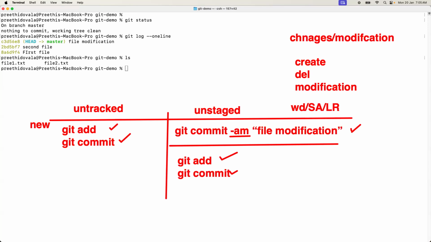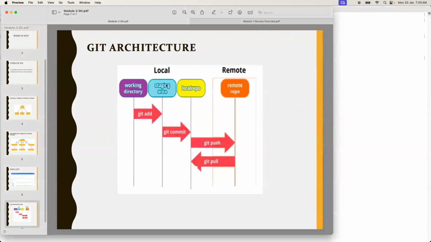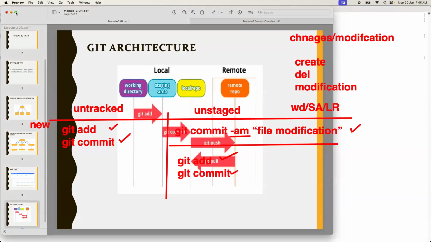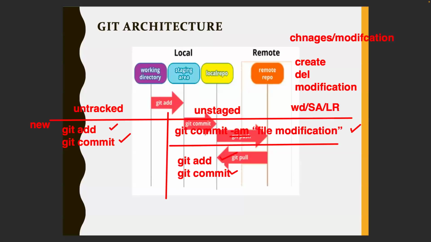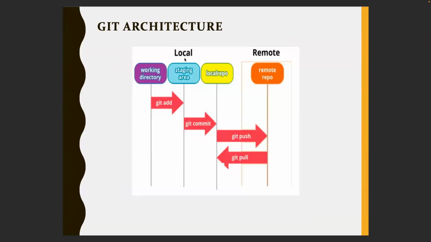That's the focus we have as of now, and then we'll step into the advanced concepts. These are the very basics, but everyone should have great clarity on these before we step into other things like conflicts, branches, merges, stash, rebase, a lot of things coming up. And this architectural diagram, like I said, whenever you are running any commands, this should be running in the back of your mind.